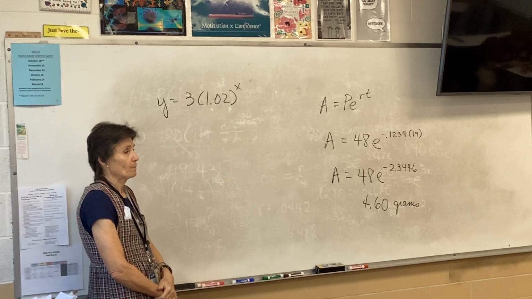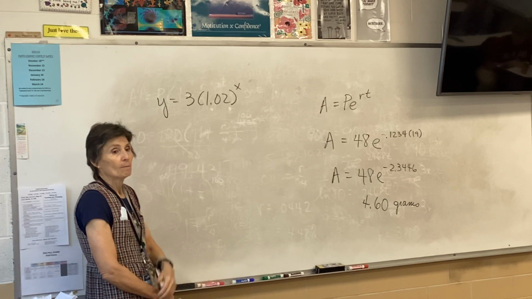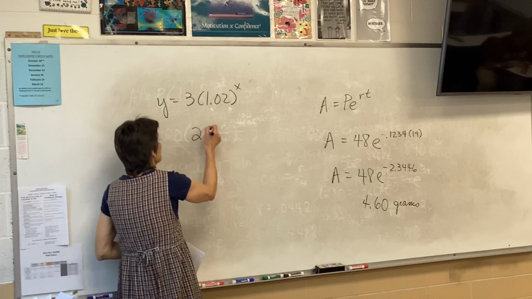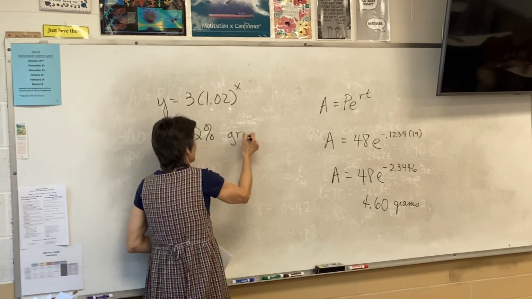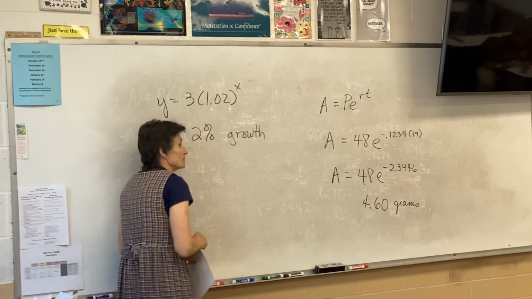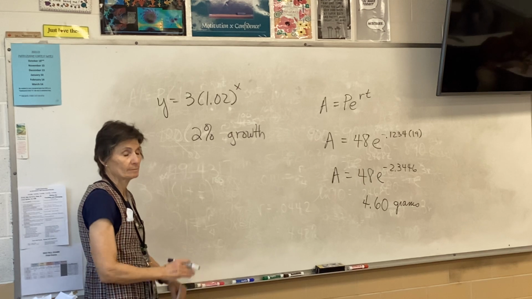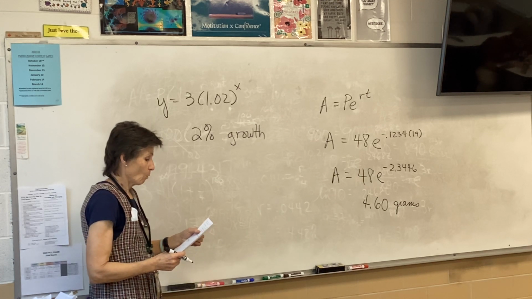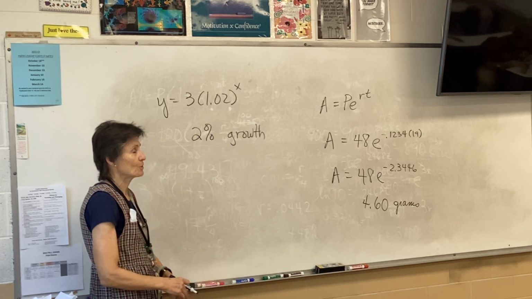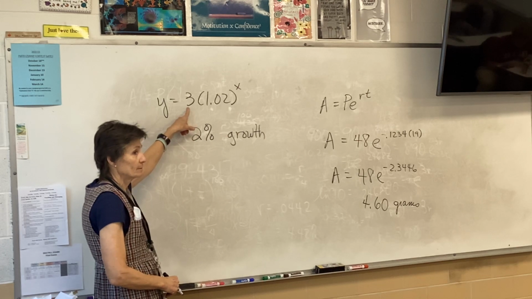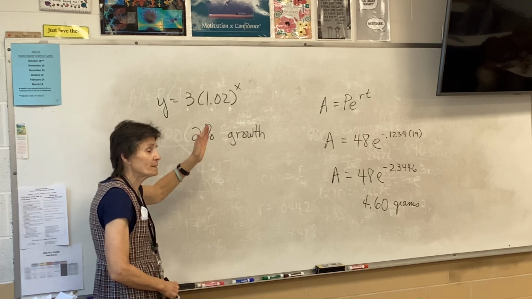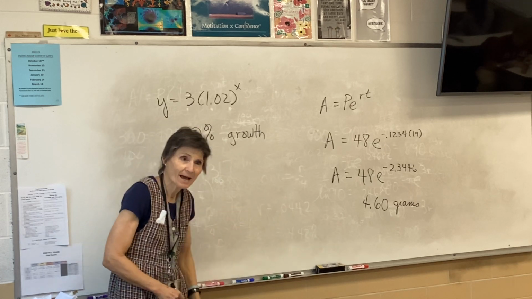How much bigger than 1? 0.02, which is 2% growth, 2% bigger than 1. What is the initial value? 3. Okay? Problem number 1 done. How easy is that?